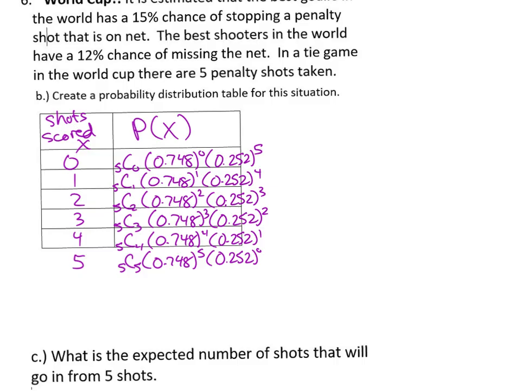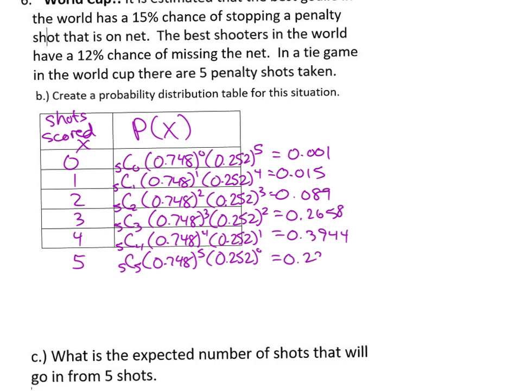And so on all the way down to 5 shots scored on goal and no misses. So there is our probability distribution.